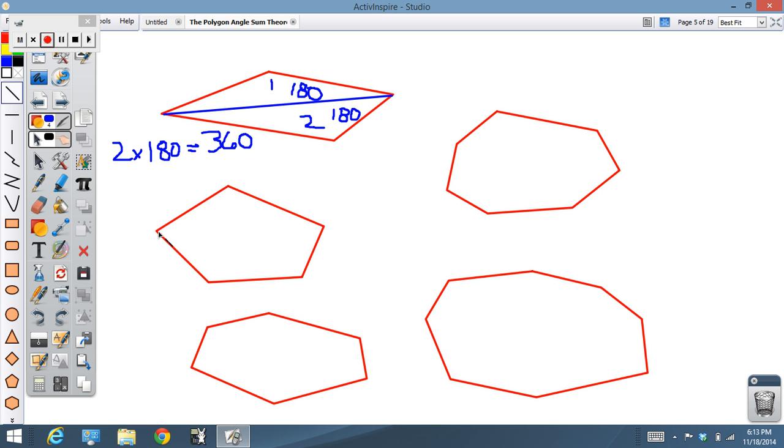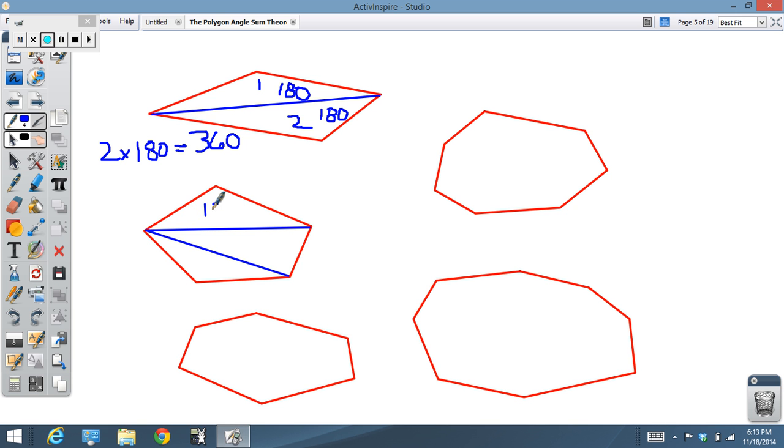All right, how about a 5-sided figure? So I've got a pentagon right here. Let's make a couple diagonals. There's 1, there's 2. And look what we got. We now have 3 triangles. There's a 180. There's a second one.